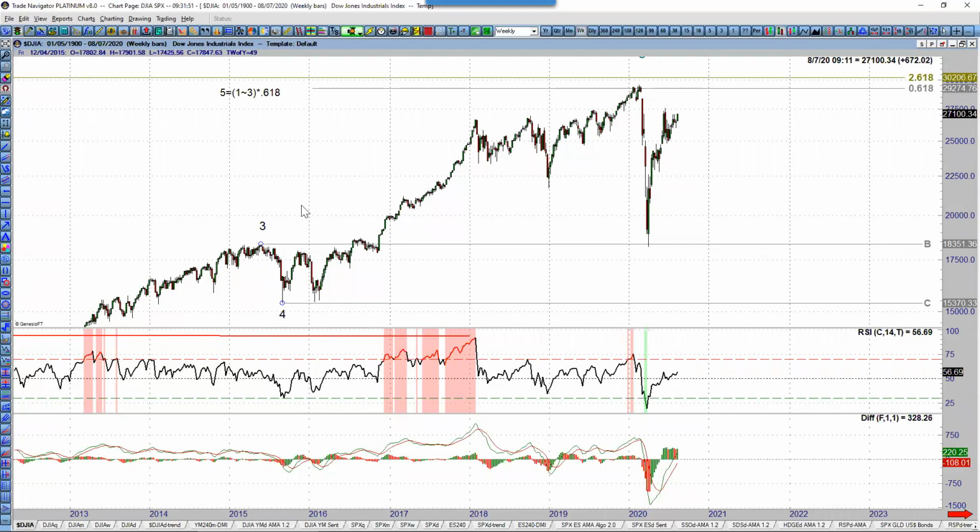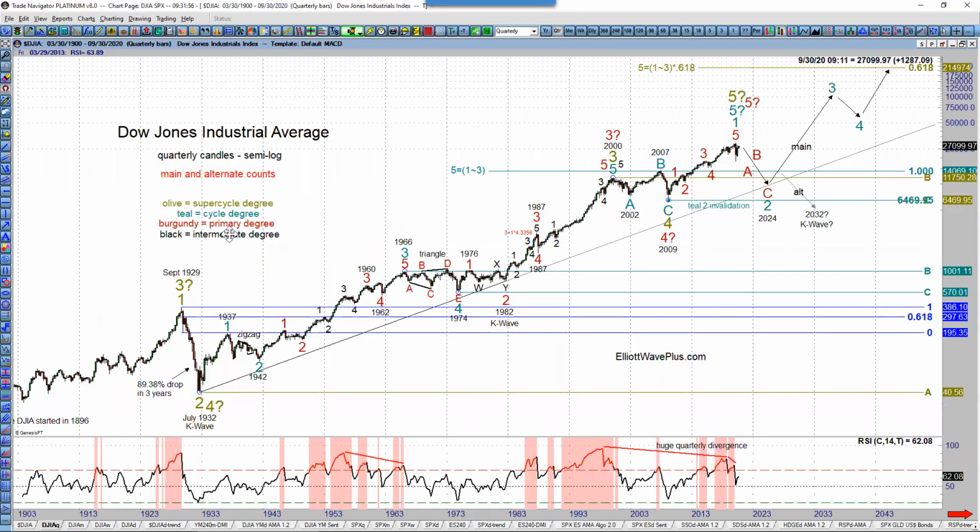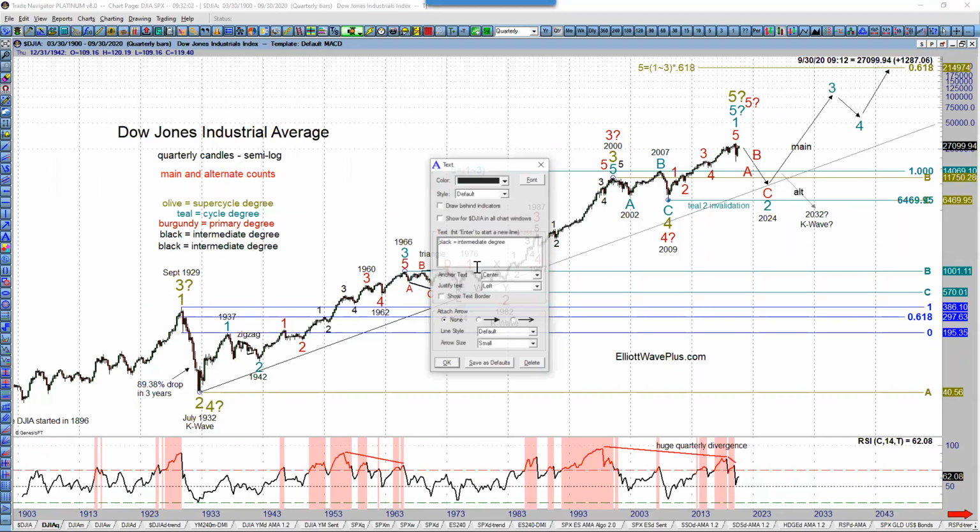Now, if we go back to my original key, we can go here for the key. So we've got black as intermediate degree, and blue is going to be minor degree. And I have different point sizes on that.